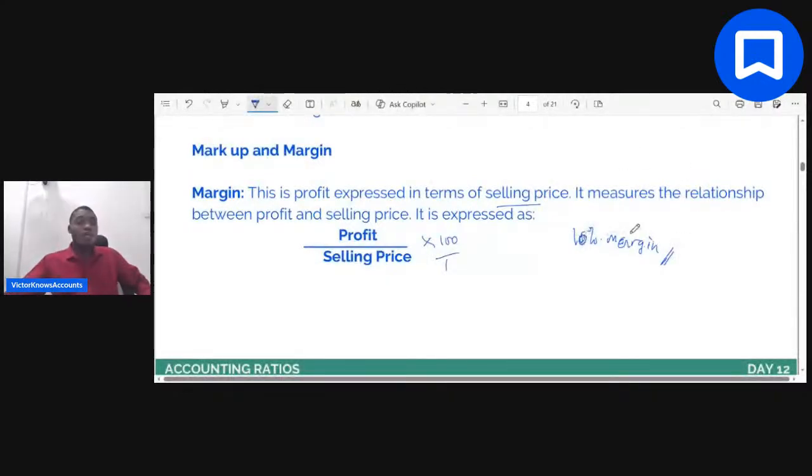What does 10% margin mean? It means that any amount of profit that you will get must be 10% of your selling price. So if I sell goods and the selling price is 50,000 naira, it means that I must make a profit of 10% on this. 10% of 50,000 naira gives me 5,000 naira.